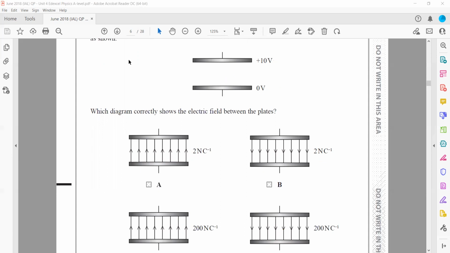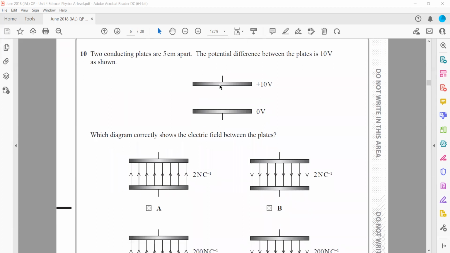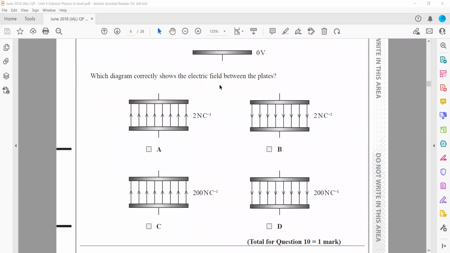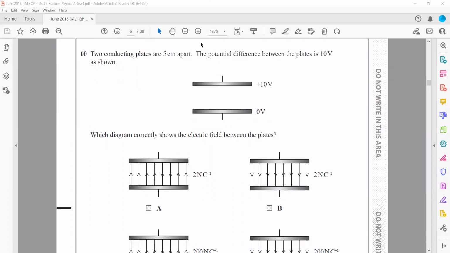This is the electric field strength. We have the formula V equals ED, or E equals V divided by D. V is the voltage, 10, and D is the distance, which is 0.05.